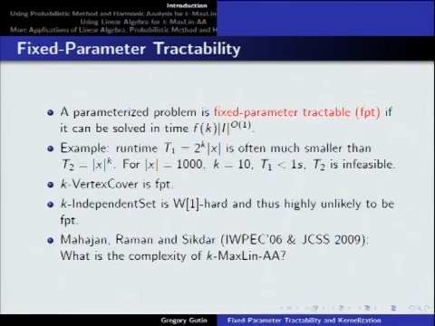Now, one example is as follows. Say you have running time t1 equal to 2 to the power of k times the size of the problem. This function is often much smaller than the other one, t2, say the size of the problem to the power of k. For example, if you take the size of the problem 1000 and k equal 10, then t1 is less than 1 second on a modern computer, while t2 isn't feasible, basically.